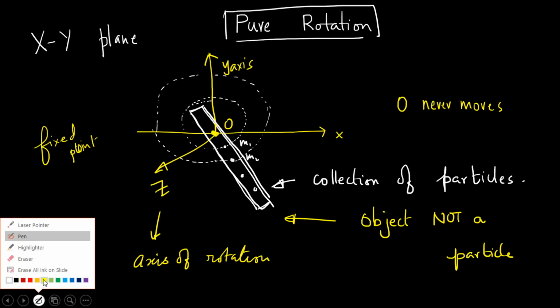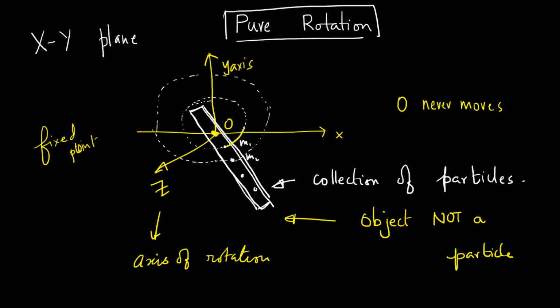And one quickly notices that in the case of a rigid body, if m1, let's say, rotates by some theta, m2 is also going to be here, and m2 travels a bigger distance in terms of pure distances, but the theta is the same. Okay, so what we will say is theta as a function of time is the same for all particles.